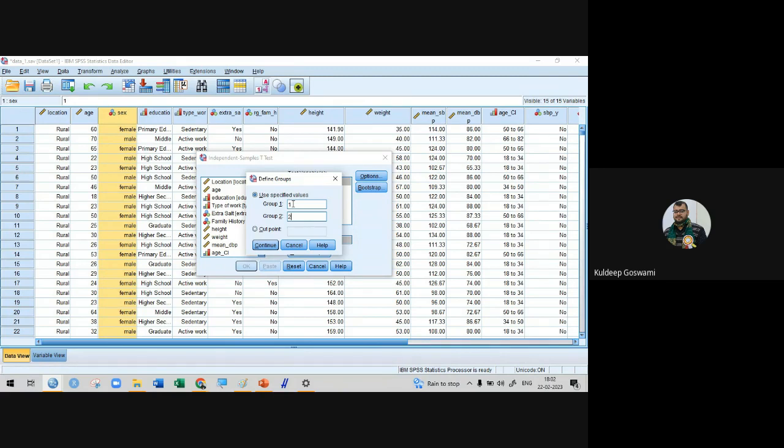Because in the values of the variable, we have given code 1 for female, 2 for male, right? We are using only two codes, 1 and 2. So we give group 1 as 1, group 2 as 2. Click continue and then press OK.